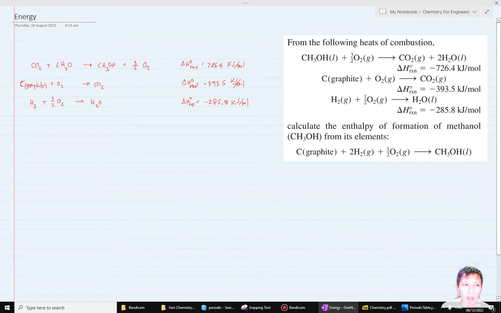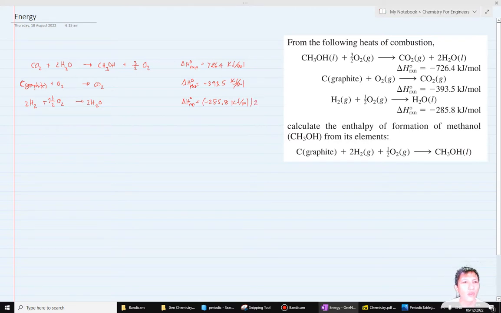Again, this is a trial and error process. I might take this long, but anyway, that's as good as it gets. So I'll multiply this by 2, and the chemical reaction for this one will also be multiplied by 2.